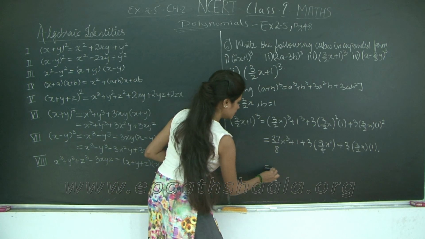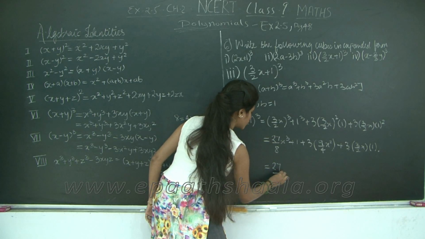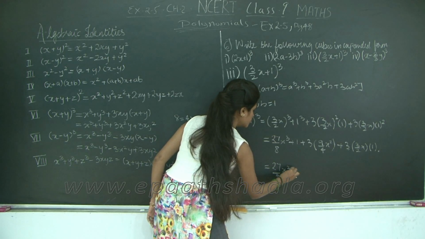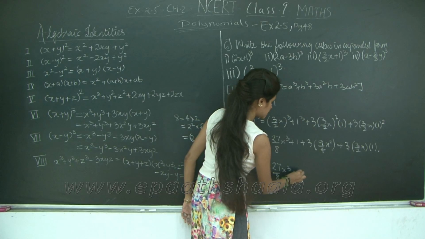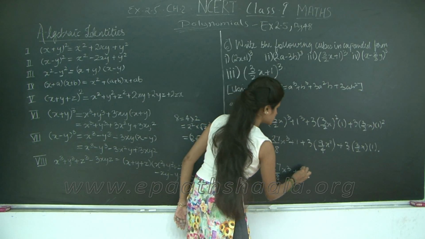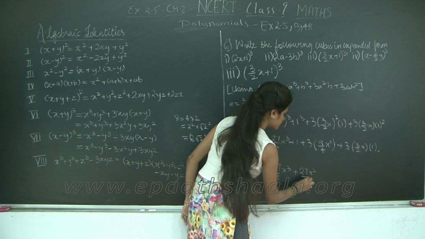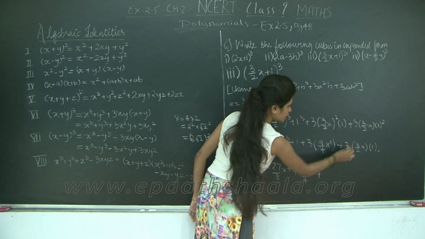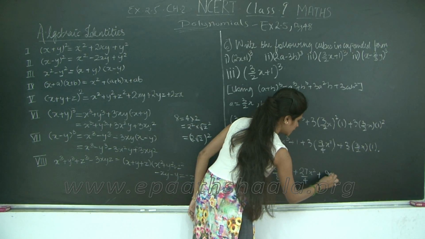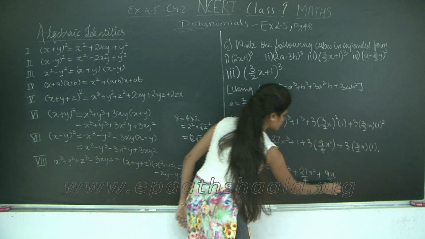So this is going to be 27 upon 8x cube plus 3 9s are 27, so 27x square upon 4 plus 3 3s are 9, so 9x upon 2.